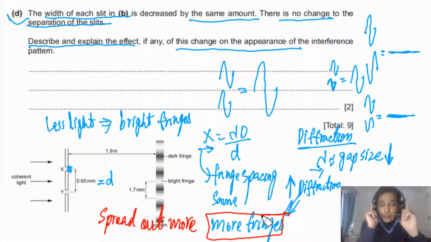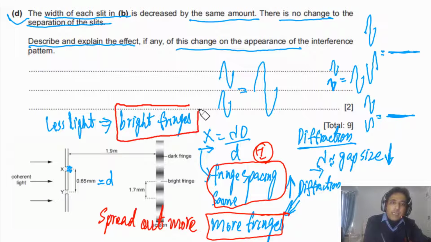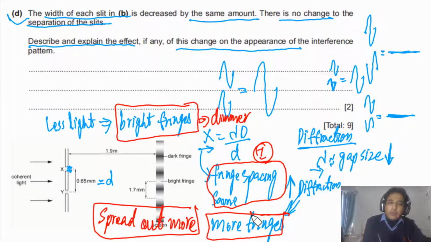Beautiful question. These are the points you need to understand. One point is this: you have to write it in your answer, and you will get 1 mark. The second one, the bright fringes get dimmer, and you will get a mark for that. And also if you write down they spread out more and the number of bright fringes increases, this can be the third point.